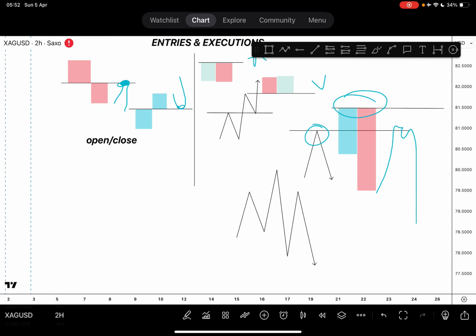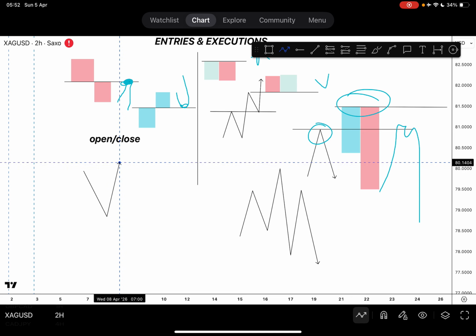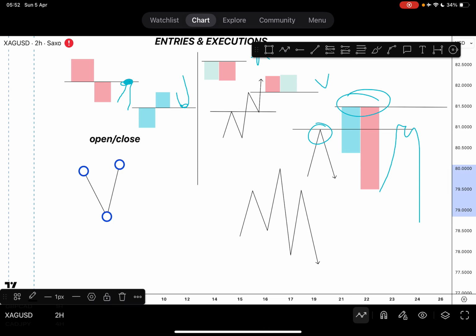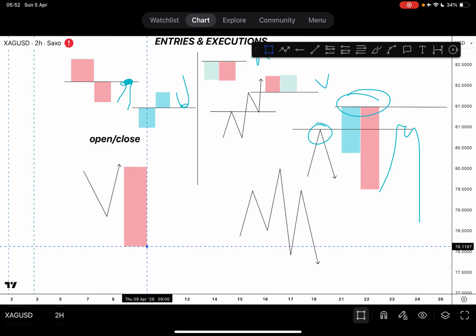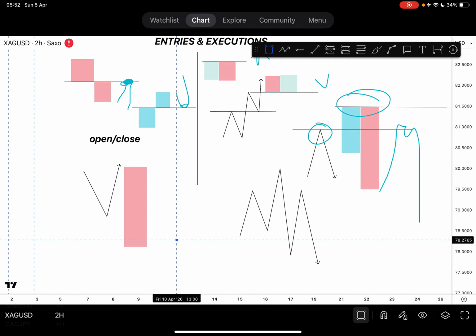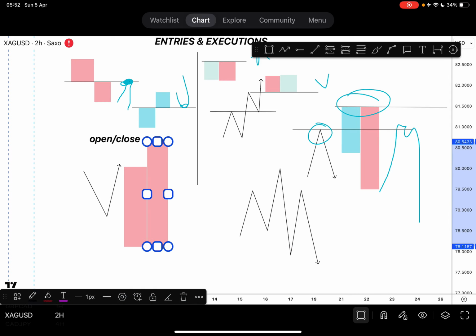The same thing goes for the V shape. So you have your V shape key level right here. The market violates it to the downside, and the market closes inside.